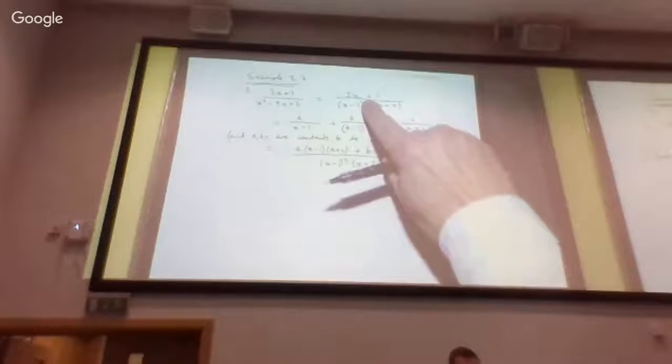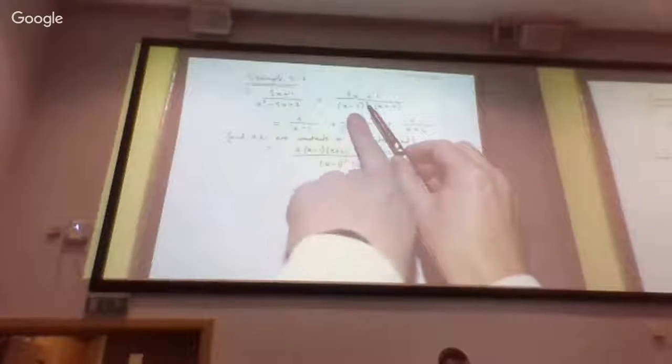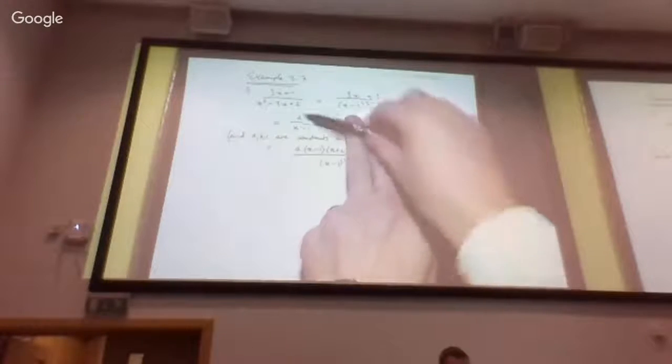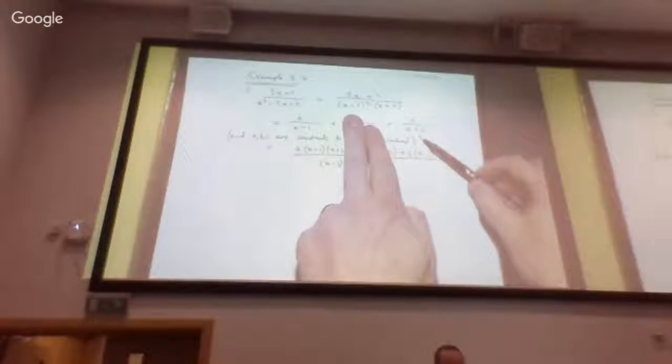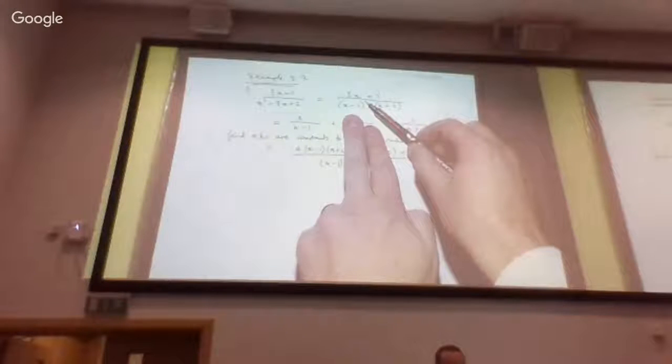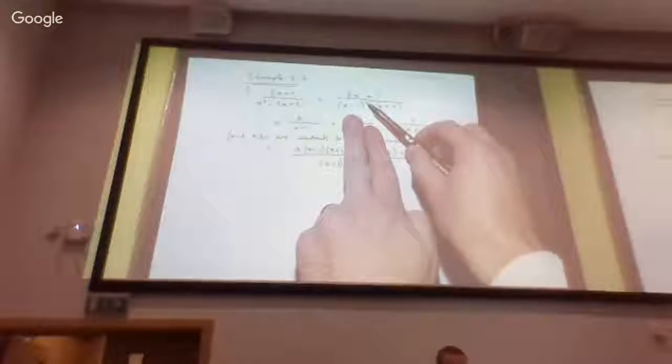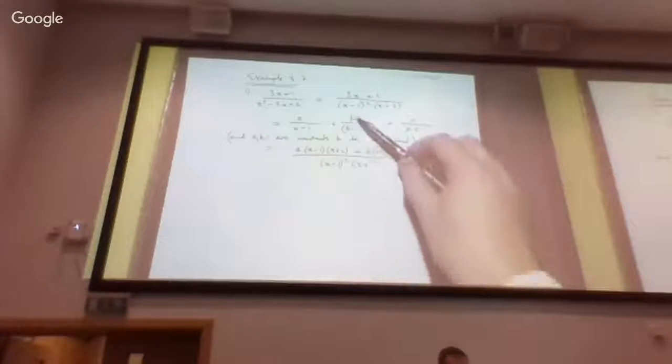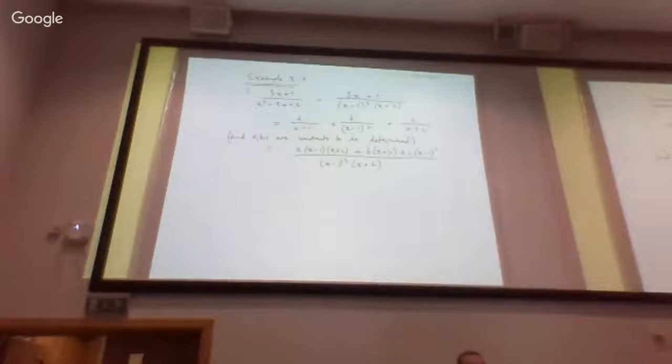If it was just x minus 1 in the denominator, then this b wouldn't be needed. And it'd be just something over x minus 1, something over x plus 2, if that square wasn't there. Because the square is there, you need this extra term in the partial fraction expansion.